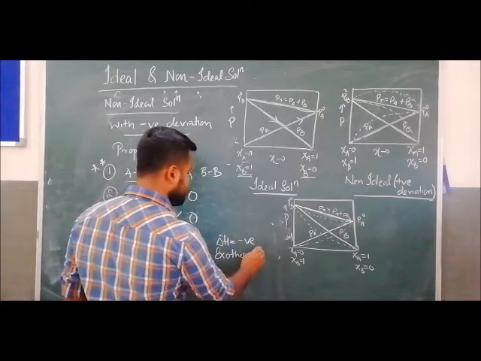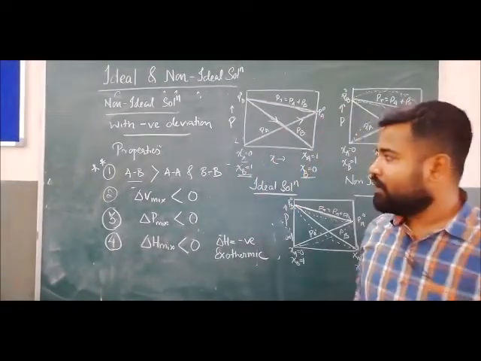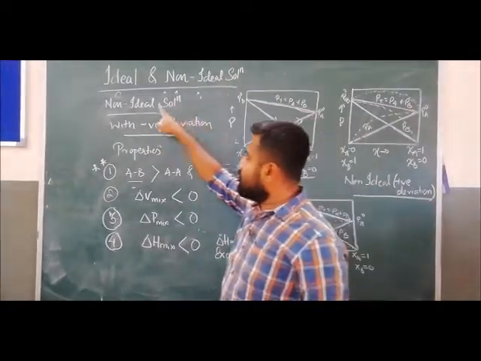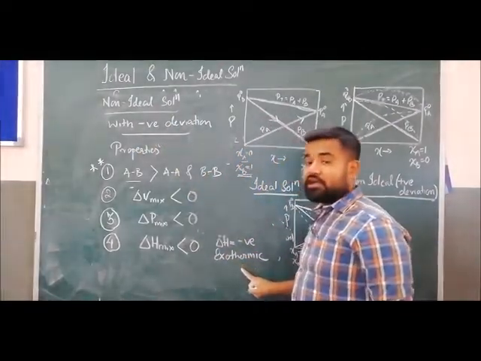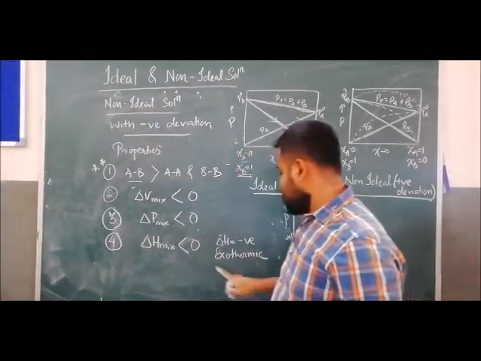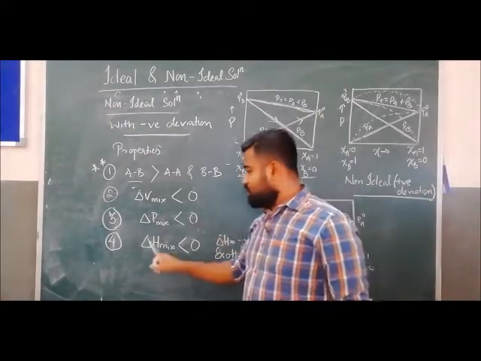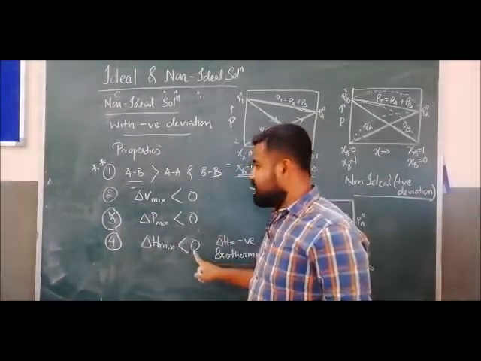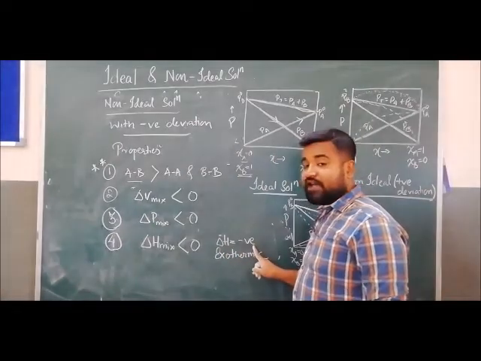Non-ideal solution with negative deviation is an exothermic process, because delta H mixing is less than 0. So delta H mixing equals a negative value.